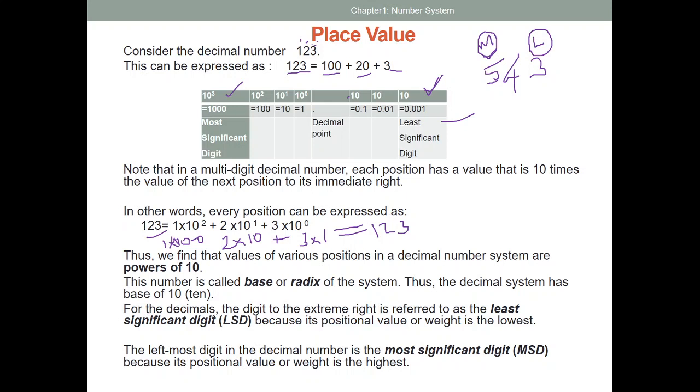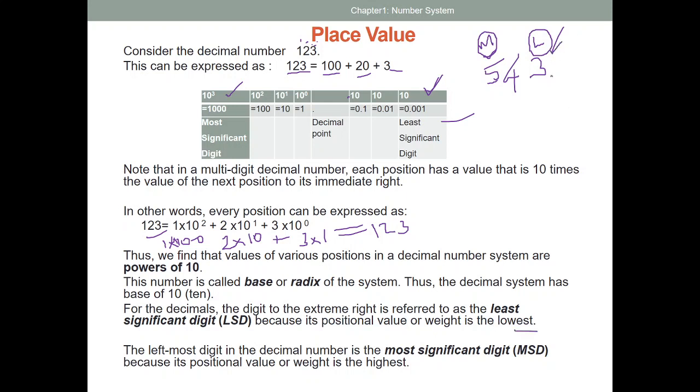The extreme right digit is referred to as the least significant digit or bit because its positional weight is the lowest.